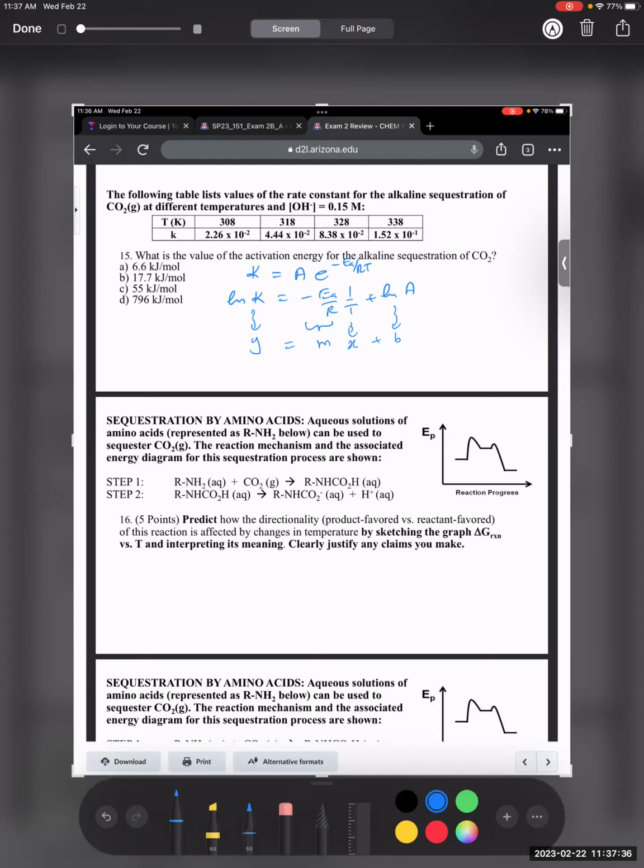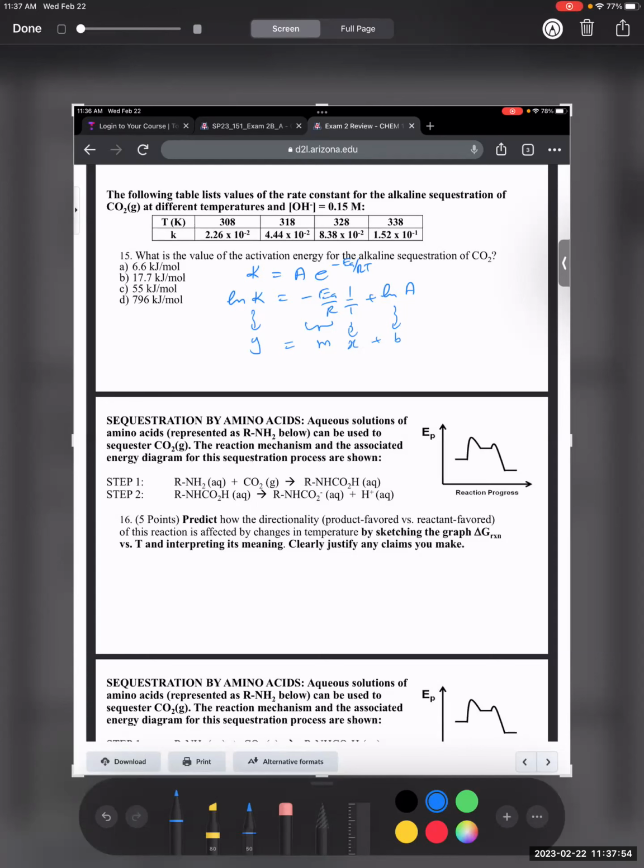Okay, so I'm going to enter my temperature values first. We have 308, 318, 328, and 338.